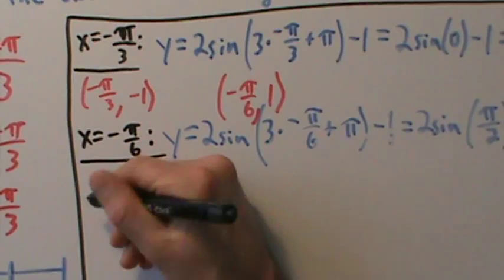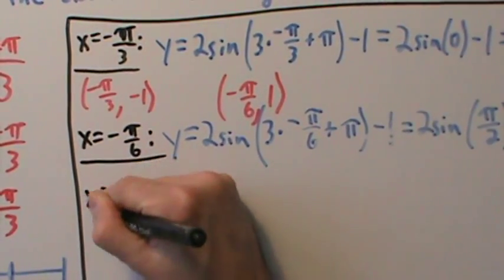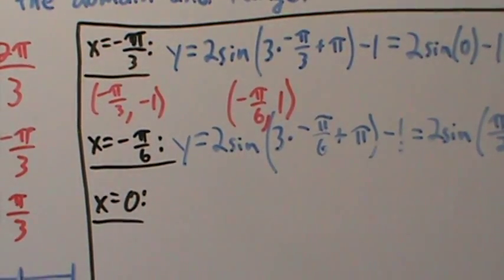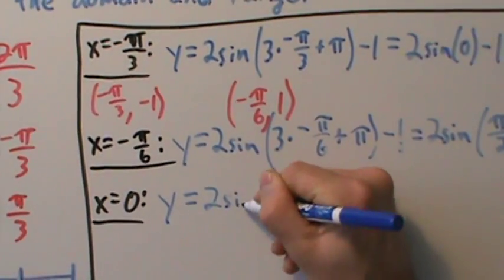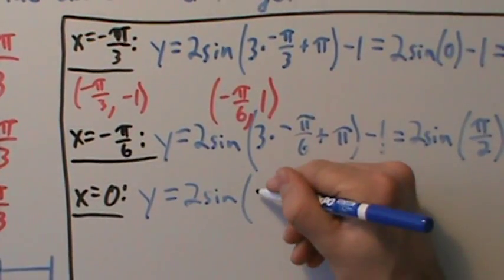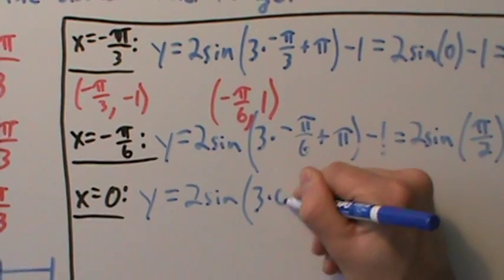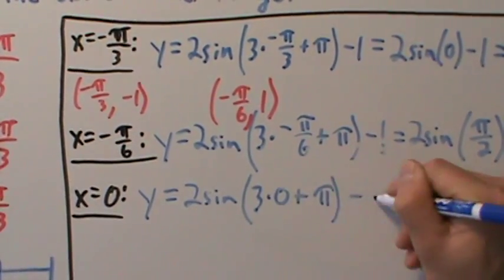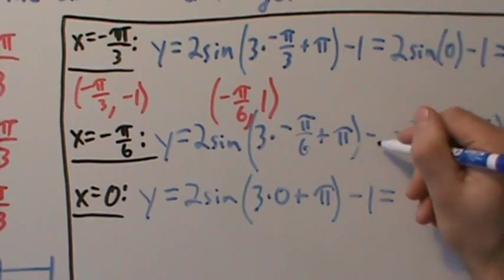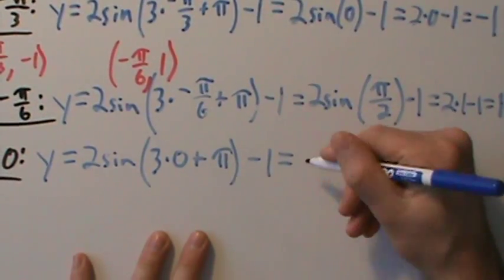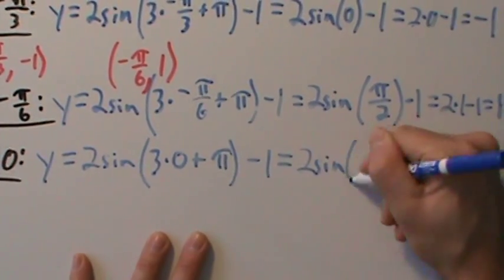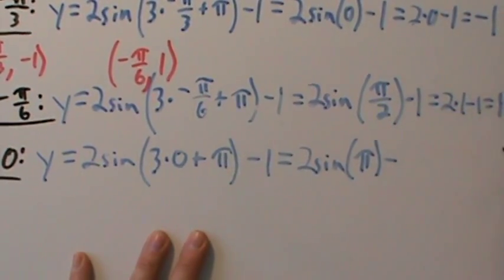Okay, I want to write that up here just to make sure we have enough room. What's next? x equals 0. That's a nice value. When x is 0, what's happening? We get y equals 2 times the sine of 3x plus pi, so 3 times 0 plus pi, and then minus 1. 3 times 0 is 0, 0 plus pi is pi, so this is 2 times the sine of pi, and then we still have a minus 1.